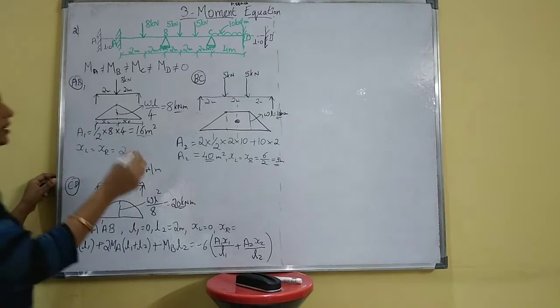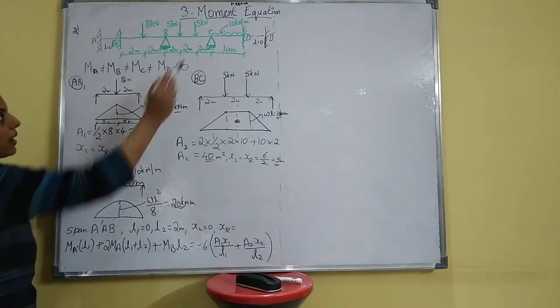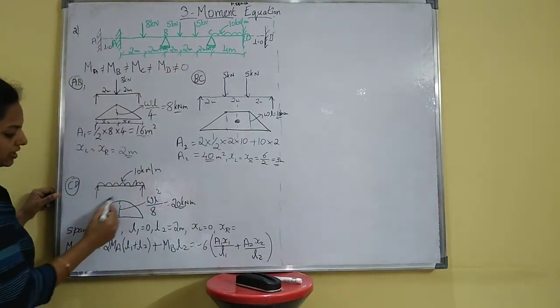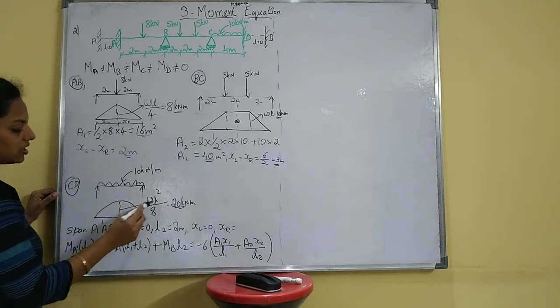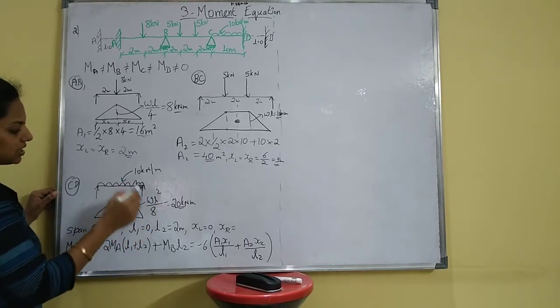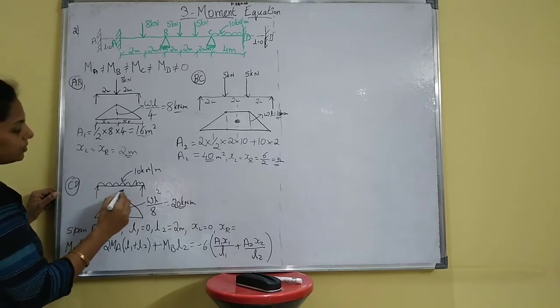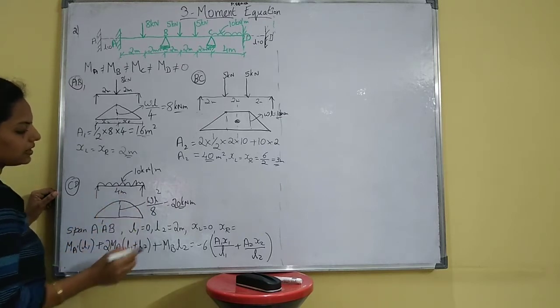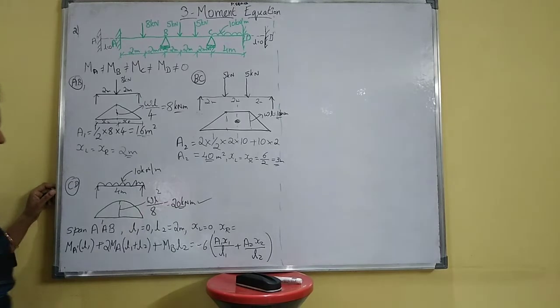Next for span CD, it is a UDL. UDL gives a parabolic variation. The maximum bending moment is WL square by 8. W is 10, L is 4 meters, so 10 into 4 square by 8, you will get 20 kilonewton meter.